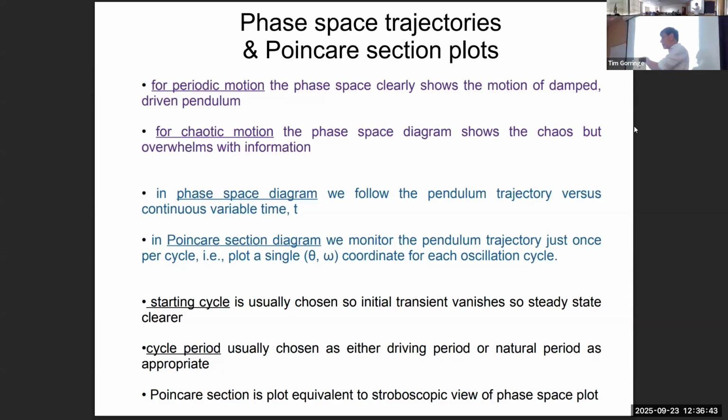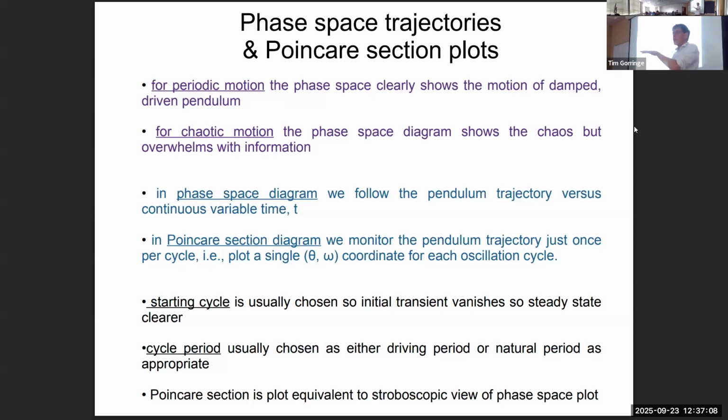In the Poincare section plots, we only monitor the angular position and the angular velocity of the pendulum periodically, where the period is either the period of the natural oscillation of the pendulum or the period of the driving force acting on the pendulum.